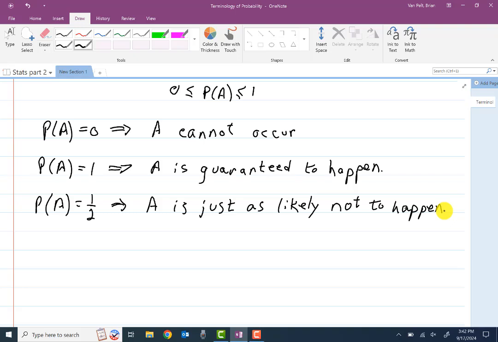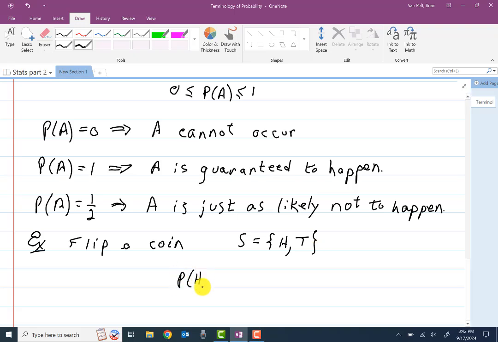So like when we flip the coin, for an example, let's flip a coin. So we know that the sample space just has 2 items. It has heads or tails. So then this will be, I guess you could call it a definition, but the probability of getting heads is the same as the probability of getting tails. That's what we're going to insist, that we have a fair coin here. So they're the same.